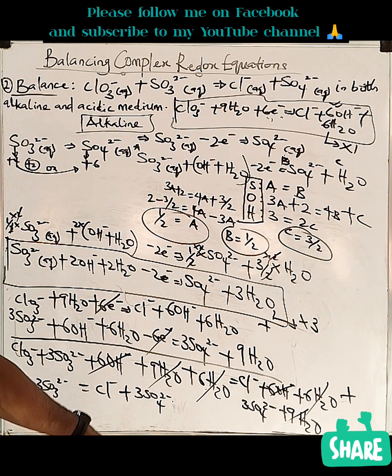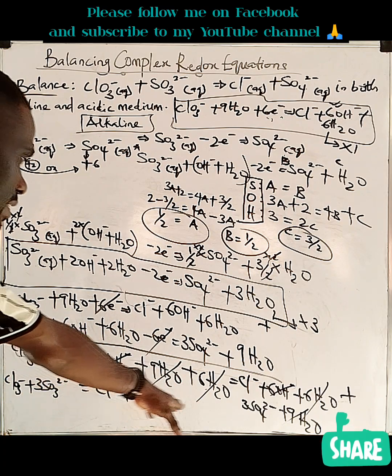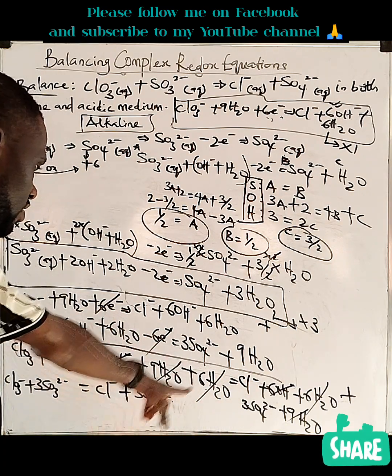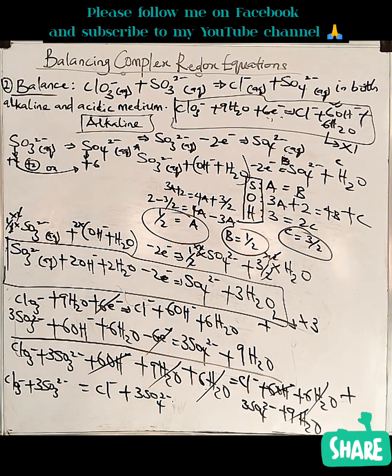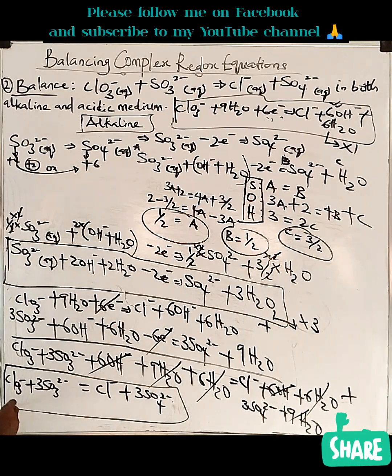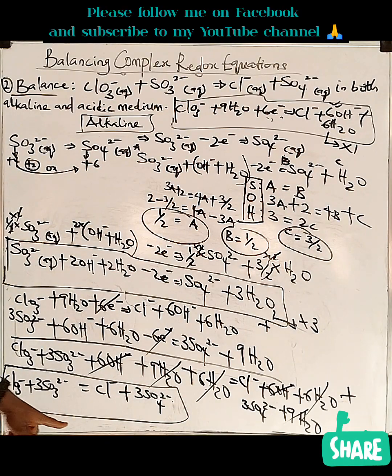As simple as that. ClO3 minus plus 3SO3 2 minus, all this eliminated one another, equals Cl minus plus 3SO4 2 minus. As easy as that. So this is our absolute result. This is the balanced redox reaction or redox equation.